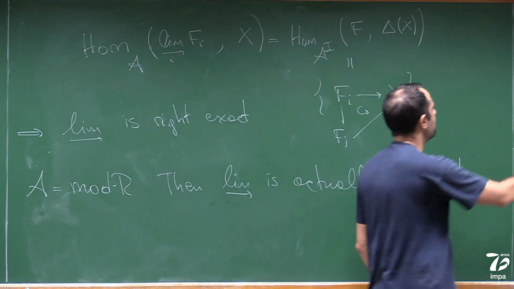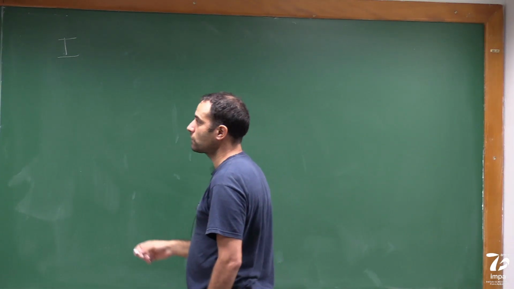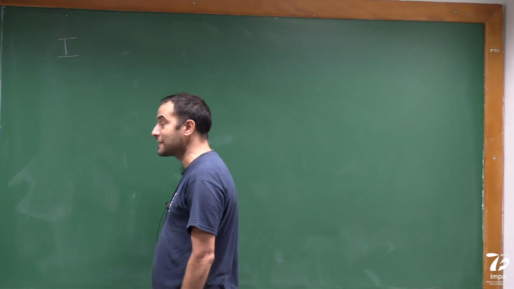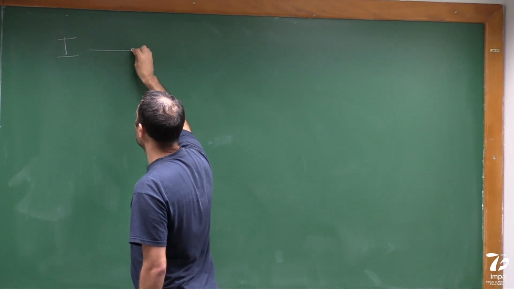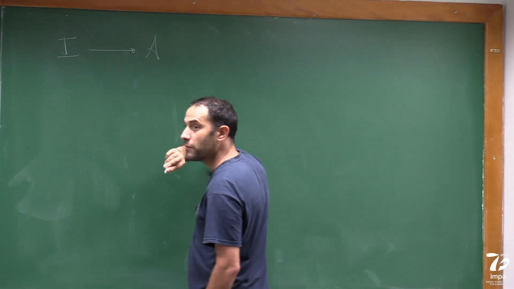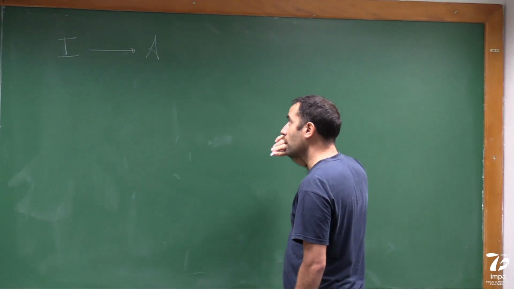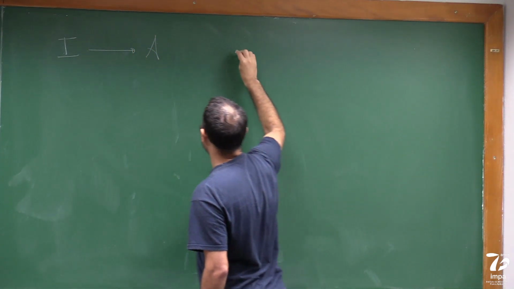So let's say that you have your category I, which is a small category, so the set of objects is actually a set. And I have my functor into this abelian category, given by modules over a ring. So I have a bunch of modules.